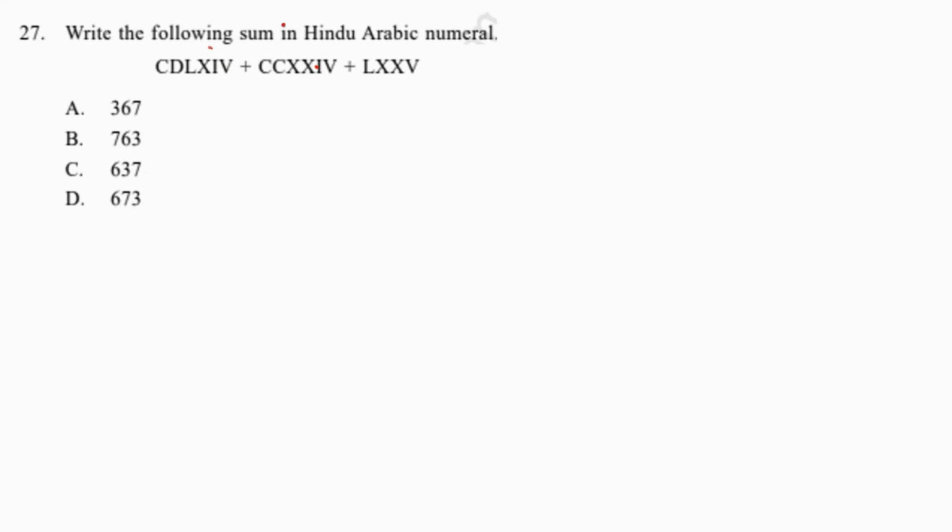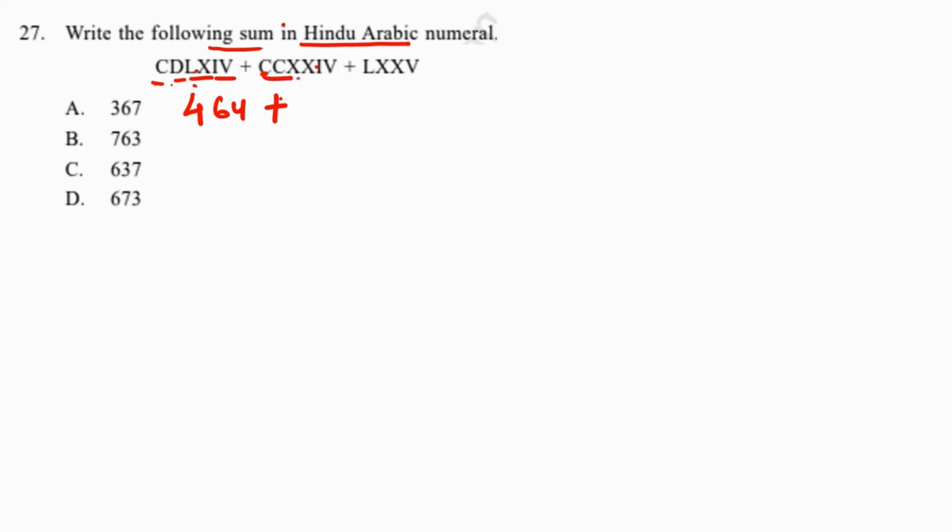Next, write the following sum in Hindu Arabic numerals. Over here, 3 Roman numerals are provided. So to answer in Hindu Arabic, first we should convert the numbers into Hindu Arabic. C stands for 100, D 500, so that's 400. LX is 60 and IV is 4, so 464.